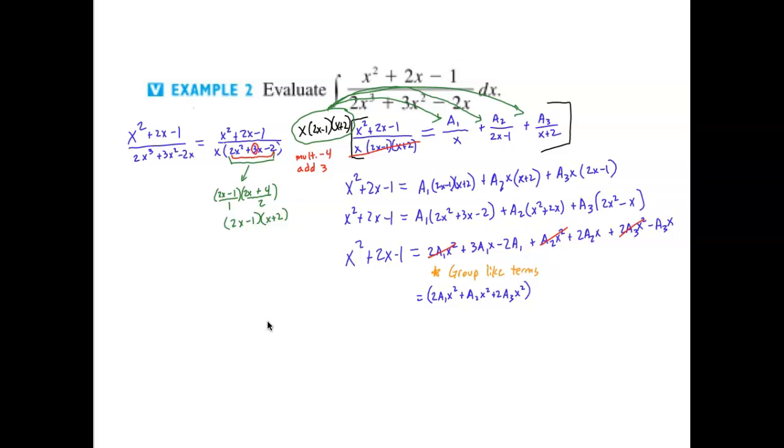All right, next let's do the x terms. So I have plus 3A1x plus 2A2x and then minus A3x.